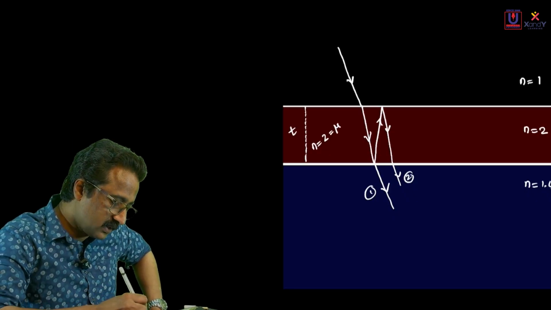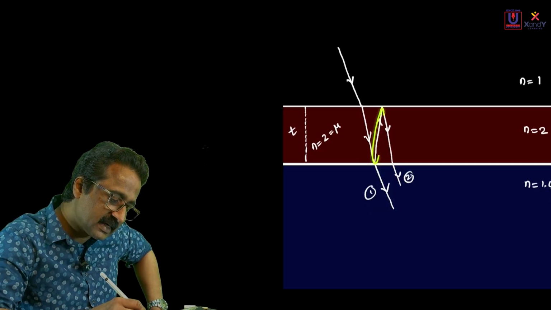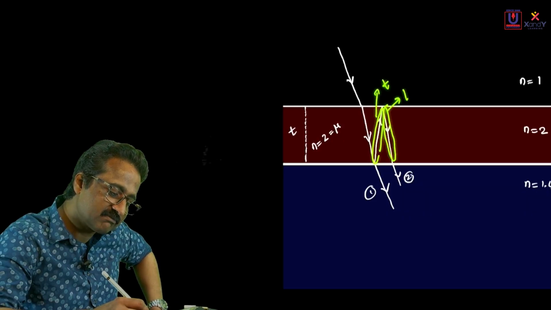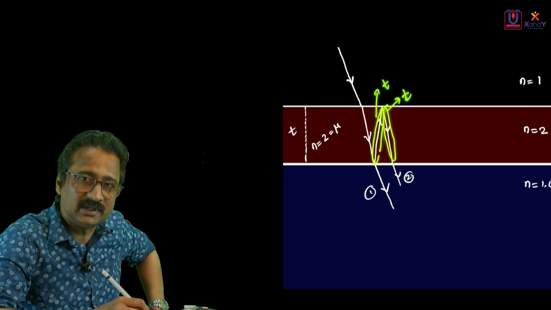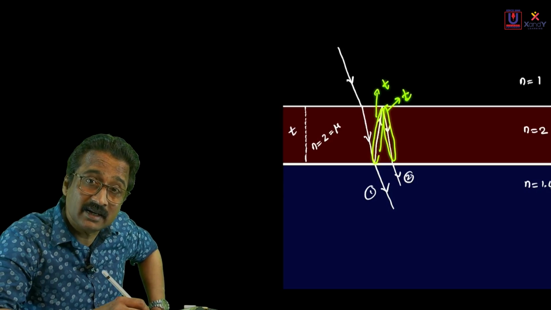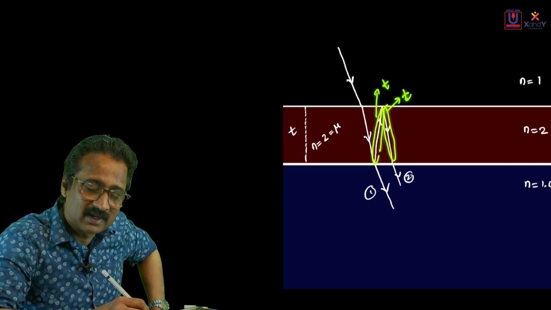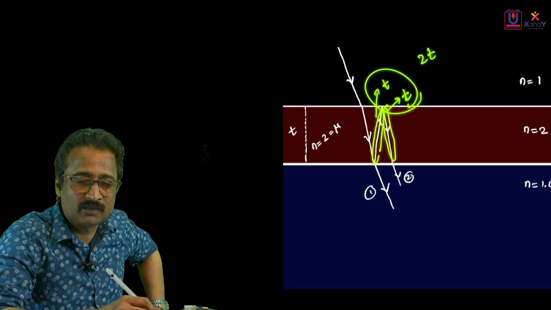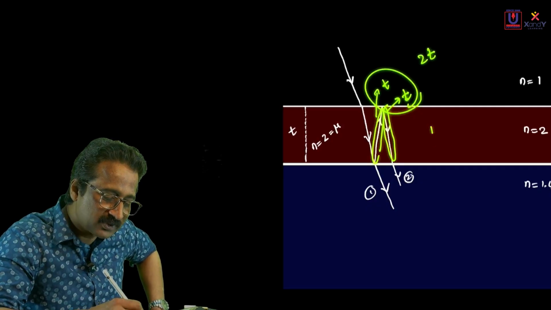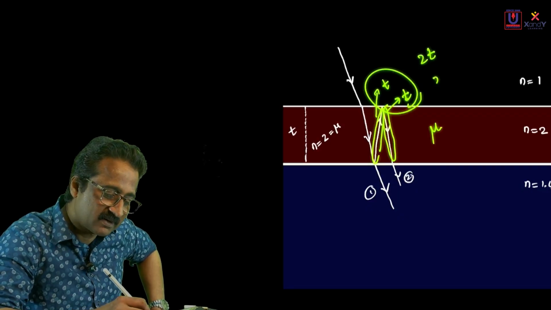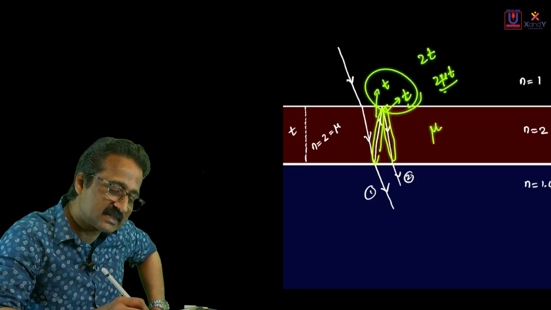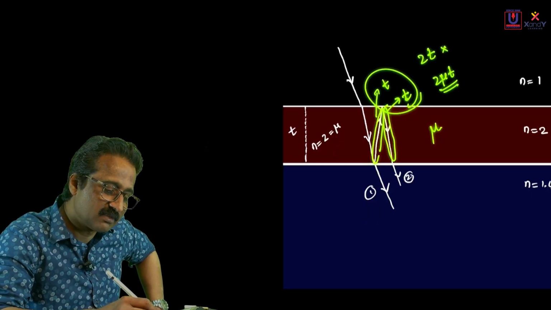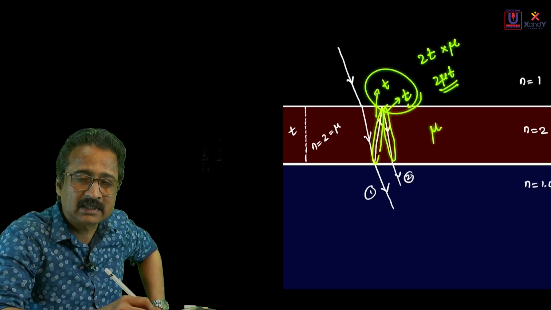Now, see, as it is normal incidence, this length is equal to t. This length is another t. So there is an additional 2t here. But 2t is inside the film coating. When a distance of 2t is considered inside a medium, then you must always consider optical path. If mu is the refractive index of that film, then 2 mu t must be considered as the optical path. 2t is the real geometrical path, but you have to multiply that with mu to obtain the optical path.